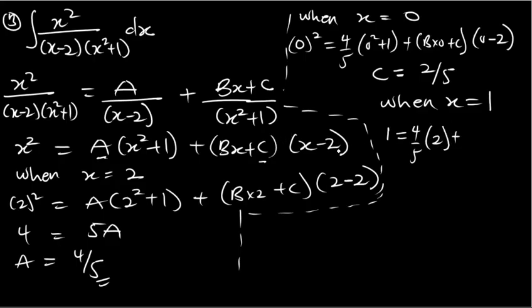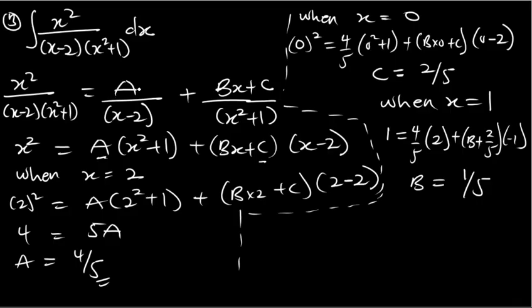Here will be 2 plus b by 1. That will be what? Our b plus our c, 2 on 5. This will be 1 minus 2, which is negative 1. And when you solve for the value of b, your b is going to be 1 on 5.